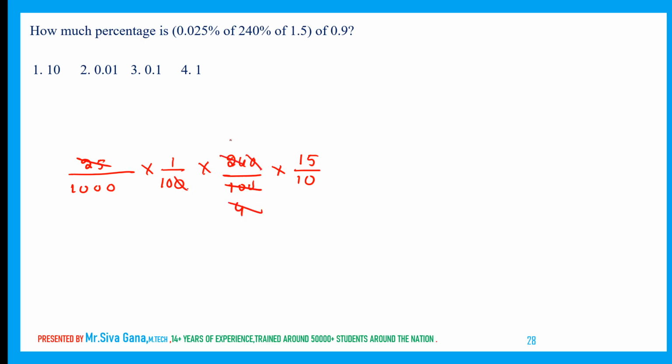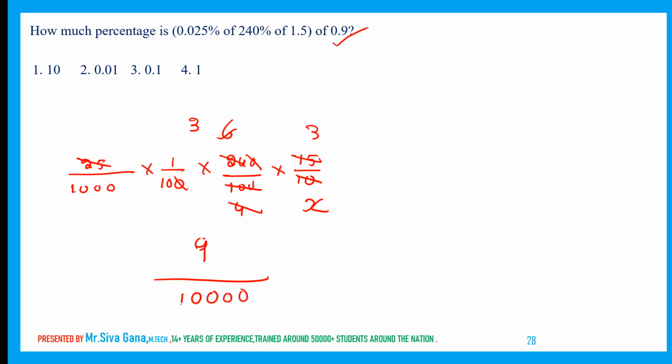So 4 sixes, okay. 5 threes, 5 twos, that is also okay. 2 threes, 3 threes are 9. 9 divided by 1 2 3 4.